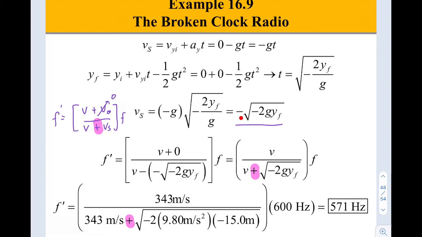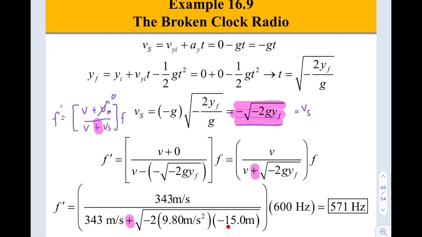So this is your Vs, it has a negative sign, right? And this is the whole bar of this, this is your Vs, the V source. So when you substitute it into this equation, you see you're going to use the positive sign, not the negative sign, because it's positive.